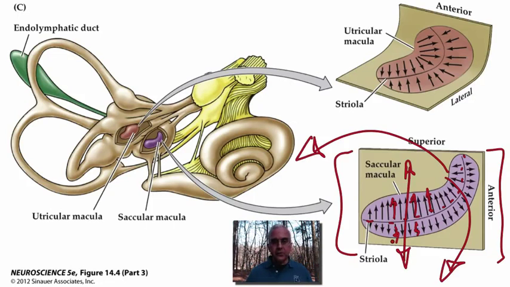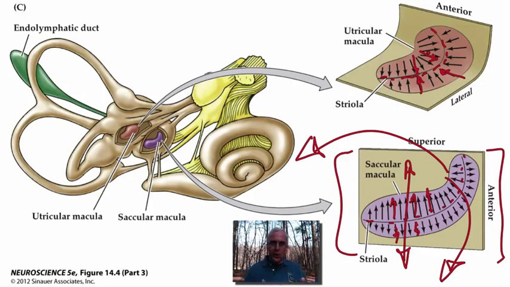Now let's look at the utricle and its macula. There is also an axis of symmetry here, and there's a bit more of a curvature to this axis, and what we find is that the hair cells are arranged with the opposite kind of polarity.